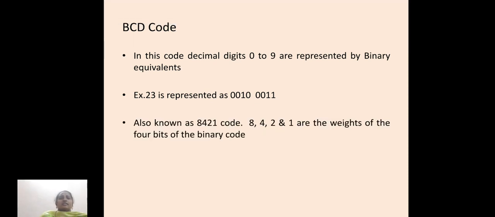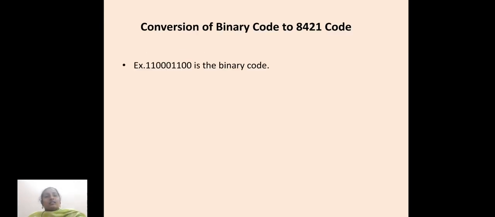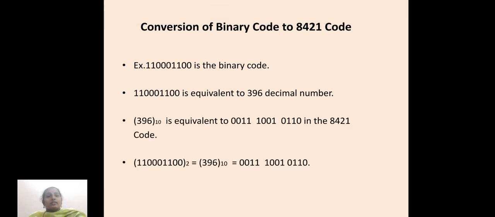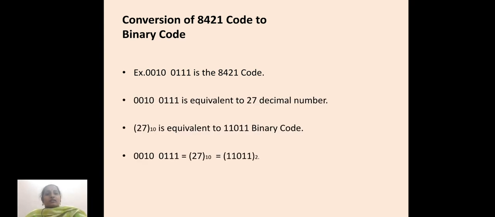Next, it is also known as 8421 code, as I already explained. For example, take the binary code equivalent of the decimal number 396. See here, I would like to give you the table of 8421 first, then you get everything.